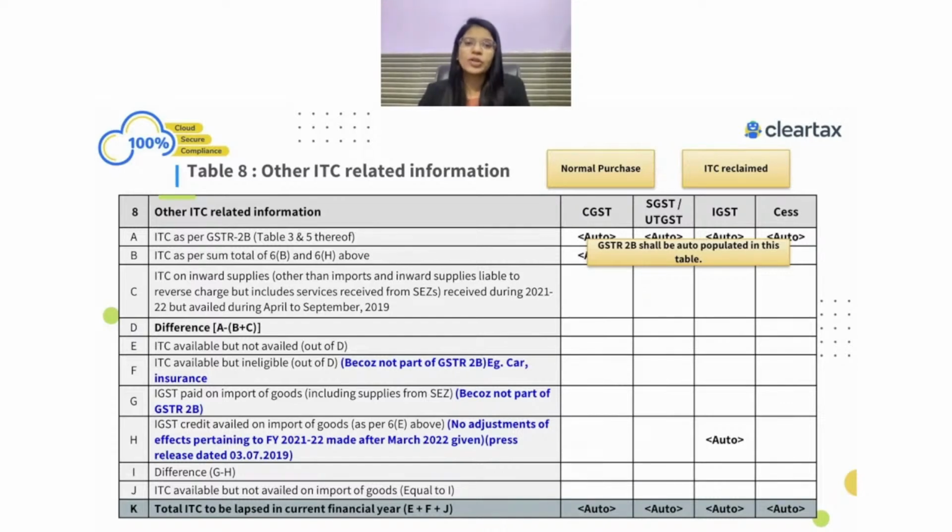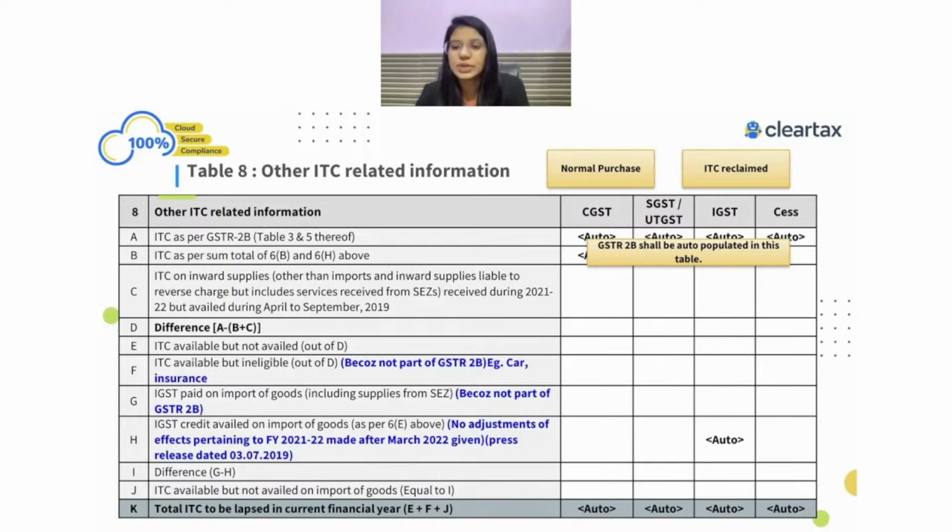Similarly, there could also be another example. There was a supplier who has uploaded one invoice dated, let's say, 31st March in the month of April 2022. That will also form part of table 8A, because that invoice again belongs to FY 21-22, though it was filed in the month of April, and I was eligible to claim that ITC.